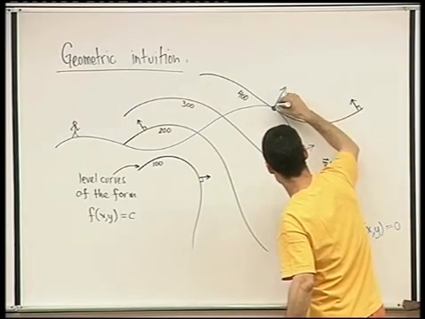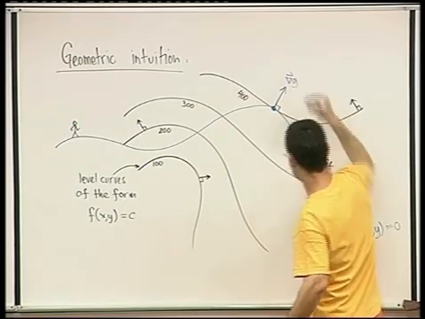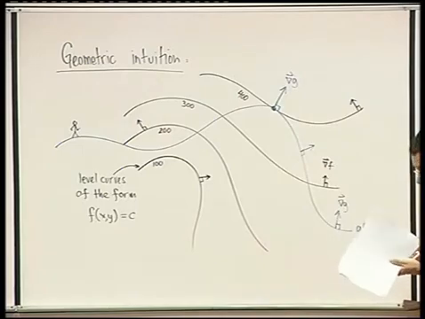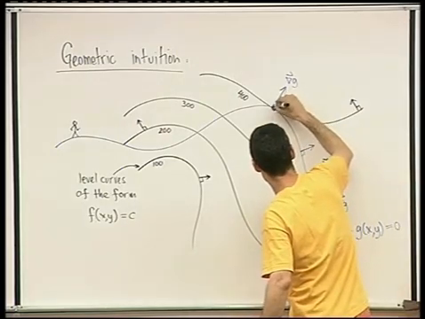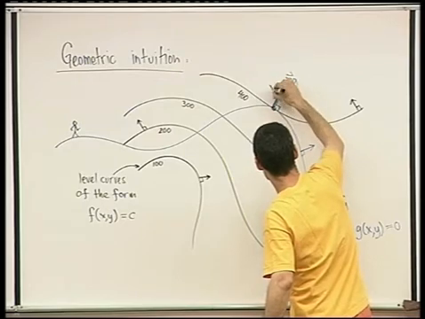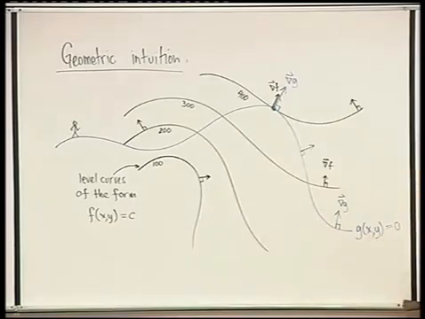Let's draw it a bit bigger so you can see. This is the gradient of g in blue. And the gradient of f in black at the same point is also perpendicular to the level curve at the same point. Do you agree?